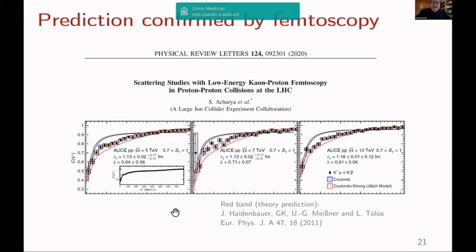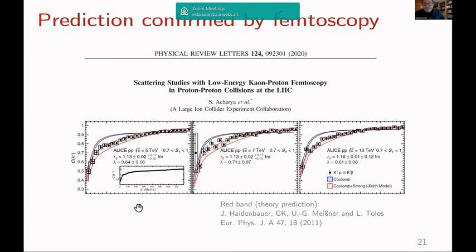People have already extracted, say, this was last year, the low energy kaon proton scattering. We had a prediction many years ago, which is this red curve here, and you see that Alice actually validated our model for the kaon proton scattering.